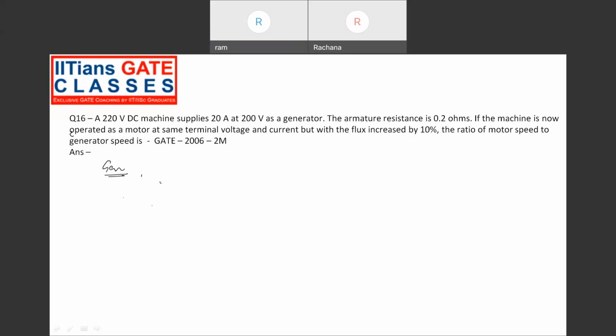For the generator operation, E generator is equal to V, the terminal voltage, that is 200, plus the armature current of 20 amps times the armature resistance of 0.2 ohms, plus 4.